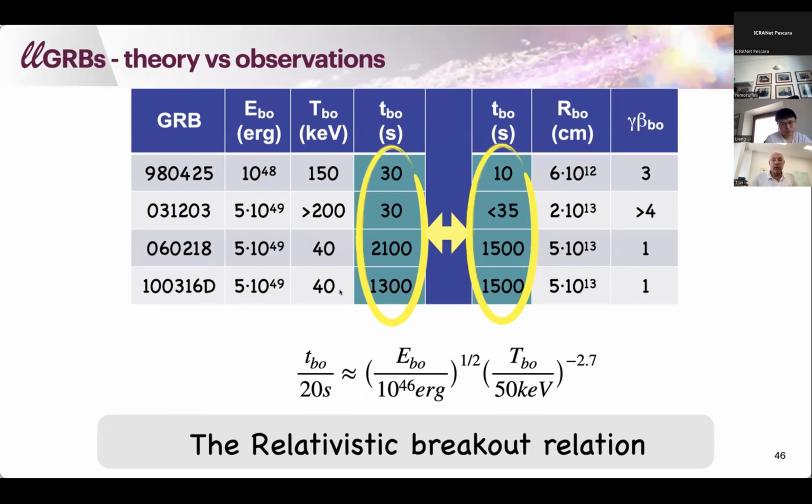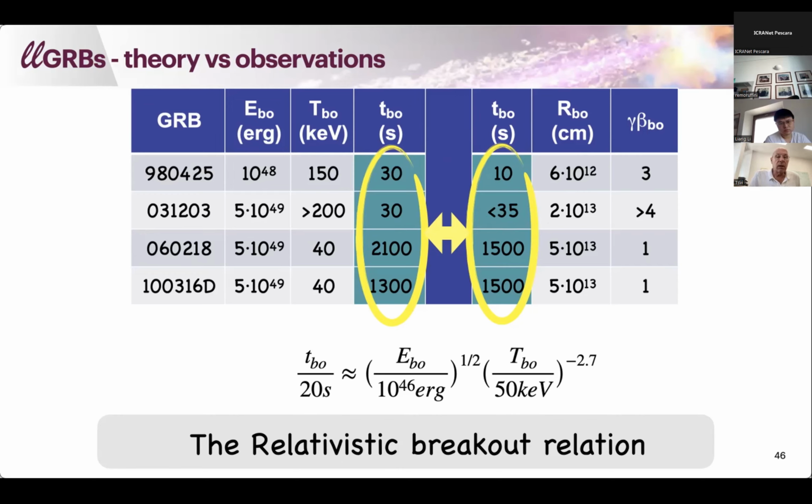This is the temperature. This is the observed breakout time. This is the breakout time estimated based on breakout energy and temperature. And the agreement is really beautiful. And from this, we can measure the breakout size and other factors of the system.